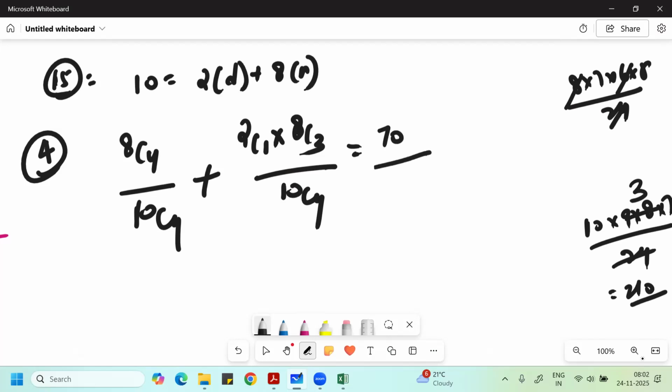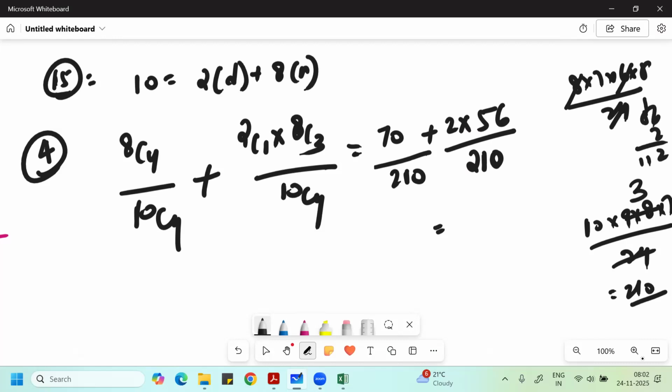So 70 by 210 plus 2 into 8C3, which is 8 into 7 into 6 by 6, 56. 56 twos is 112. This is 182 by 210, which means 91 by 105.